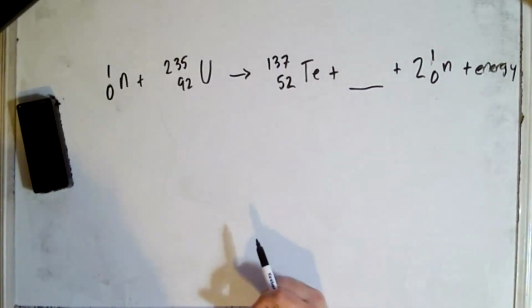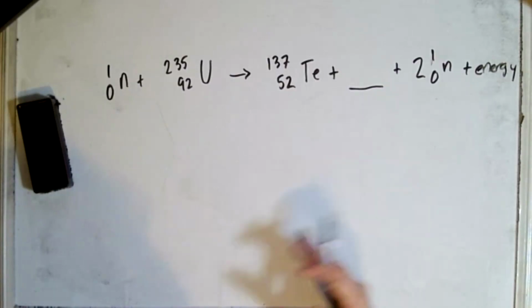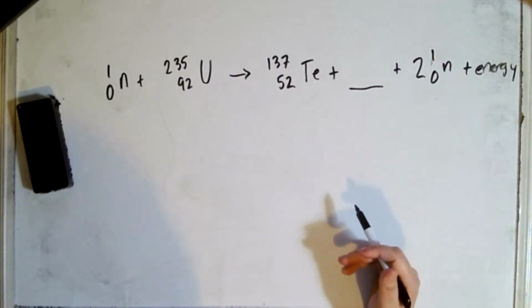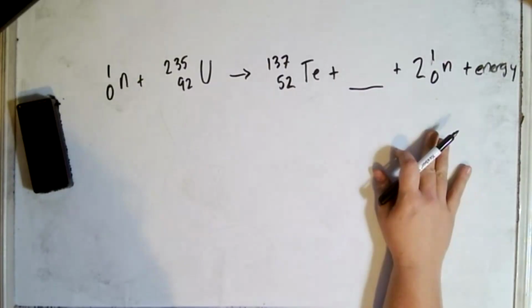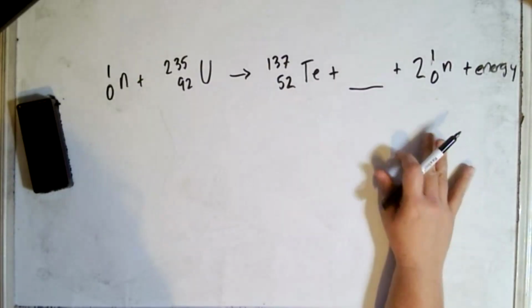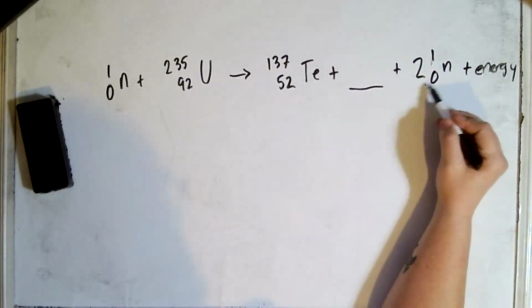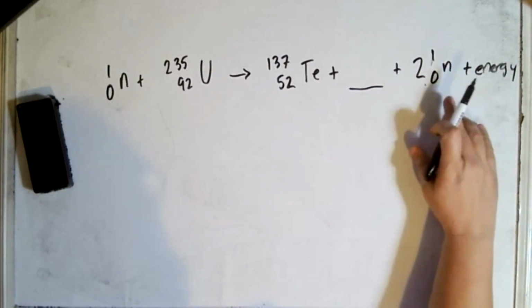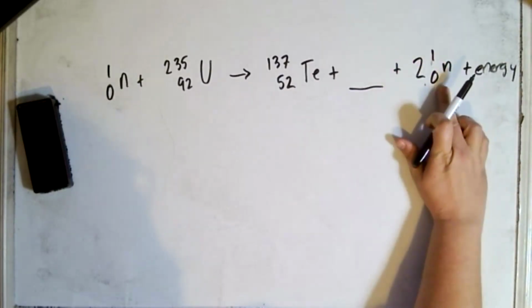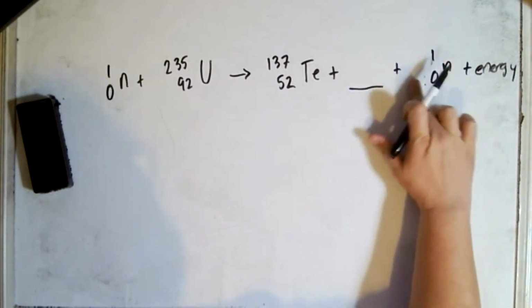Okay. We want everything balanced on both sides of the equation. One thing that's trickier on the product side that you want to be mindful of is that they're telling us that we have two neutrons here. So we don't just have one and a zero here. We've got two neutrons.